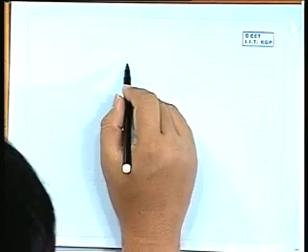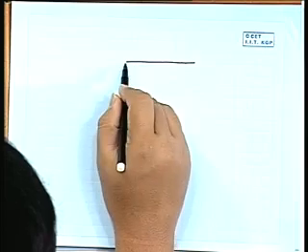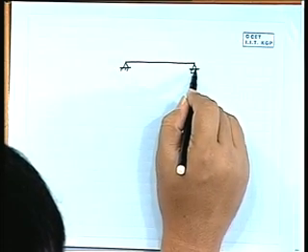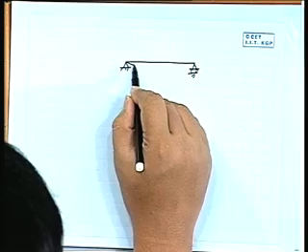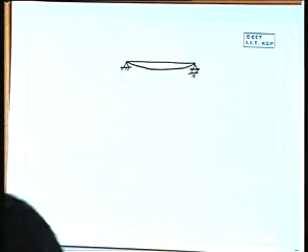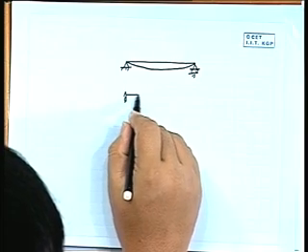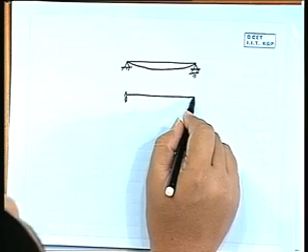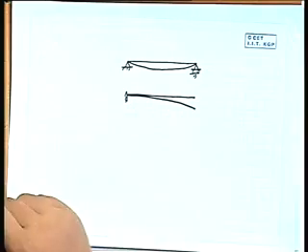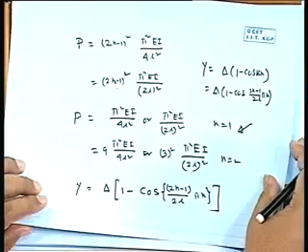From here I am drawing it. This curve was a sine curve, and that was the cantilever. That was just now the equation of what we got.